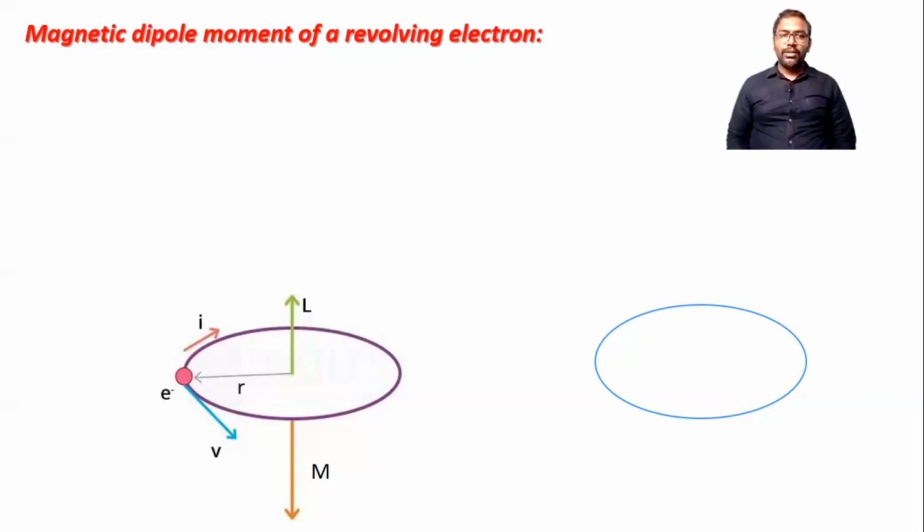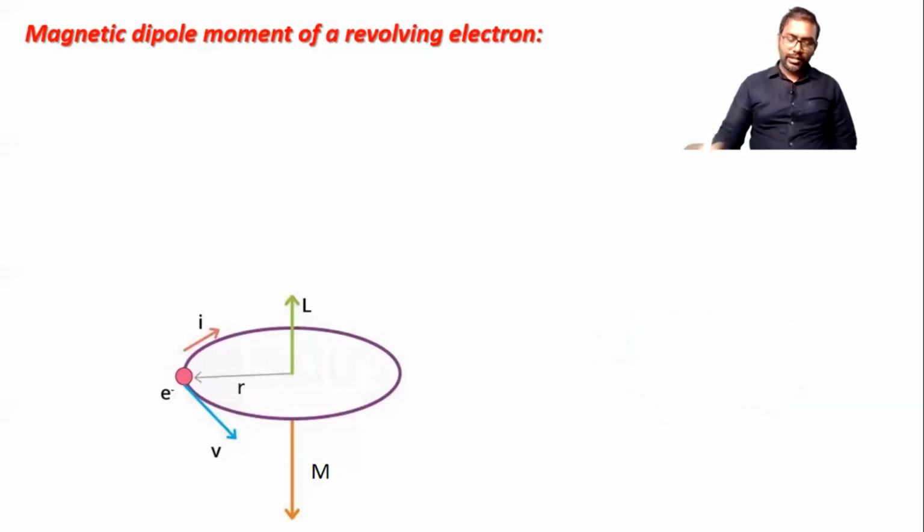Then let me find out the magnetic dipole moment of a revolving electron. We consider here that an electron is revolving around the nucleus. Now we consider some factors. First, capital R is the radius. Then v is the linear speed of the electron.